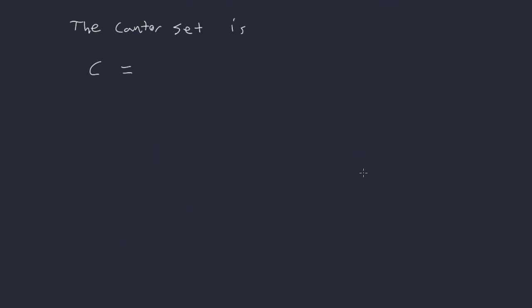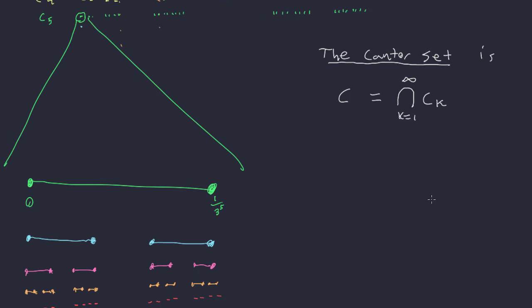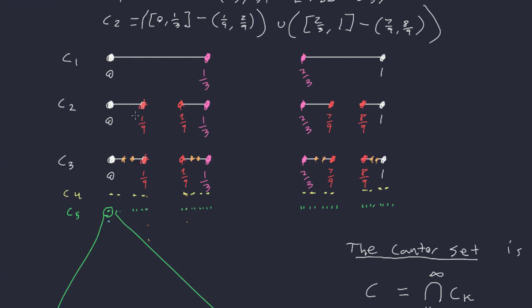So the Cantor set itself, okay, is the infinite intersection of all of these CKs. So we're going to take K going from 1 to infinity of all these CKs and take the intersection. So that means we're only going to take the pieces that are in every one of these, so only the overlap. Okay, so us only taking the overlap means, well, we won't take any of this in here, but we'll take this stuff, but then we won't take any of that middle stuff or that middle stuff.